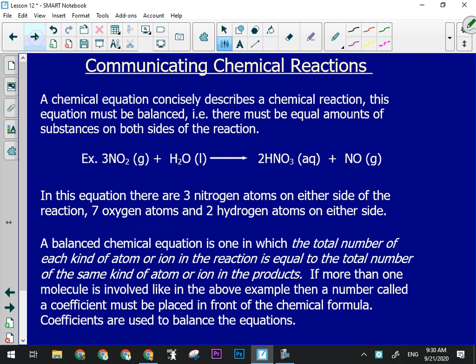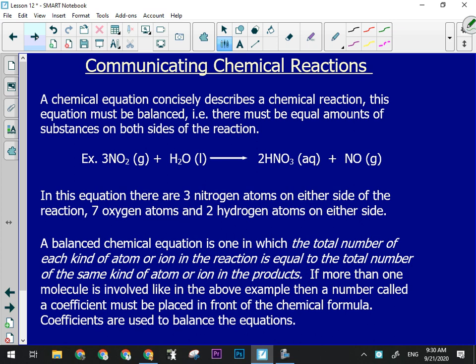All right. Now, this is just talking about some of the things we've already gone over. So it's not really new. A chemical equation describes a chemical reaction, and it must be balanced, and that's what we've gone over here. That means that there must be equal amounts of substances on both sides of the reaction.